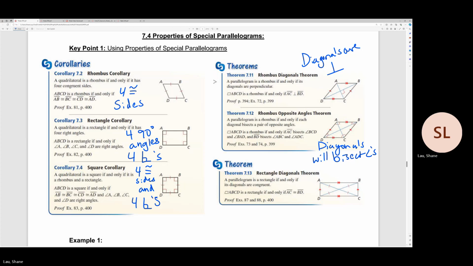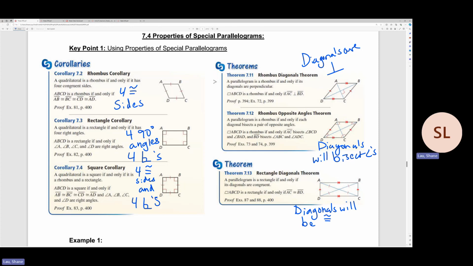And then our last bit, theorem 7.13, rectangle diagonals theorem. What this one basically describes is that the diagonals will be congruent. And that is pretty much it.